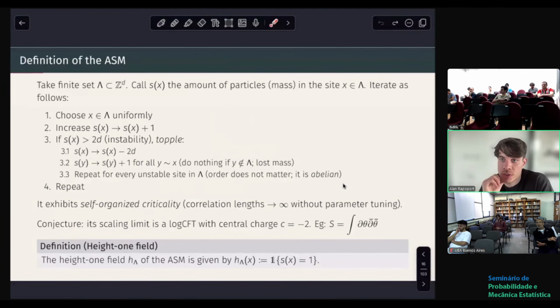People do conjecture that this should converge to a particular CFT, which is a log CFT because of the correlations, with a central charge given by this. But you have to do it for every single observable.